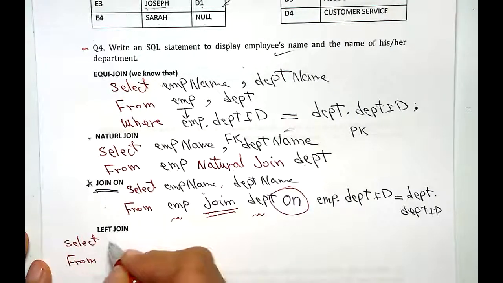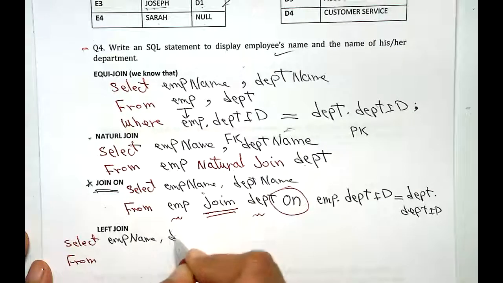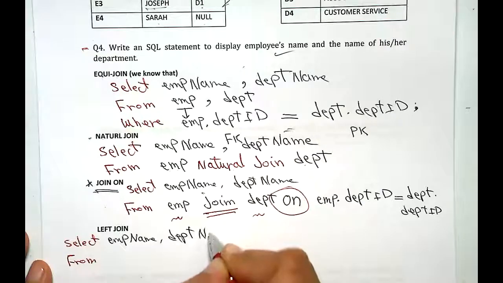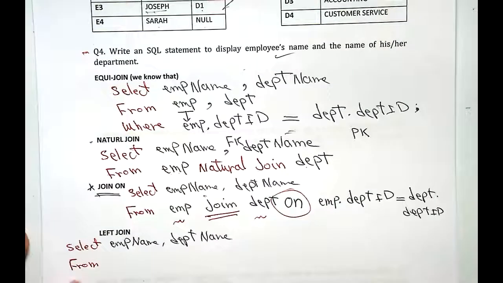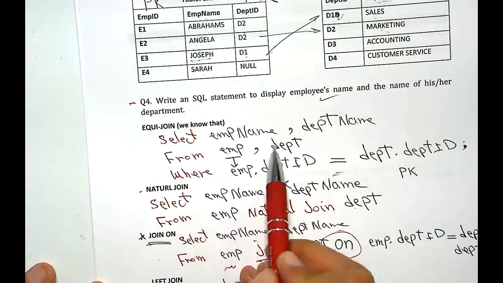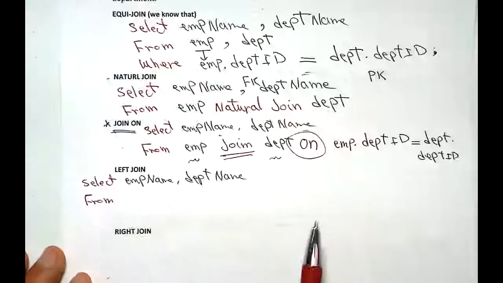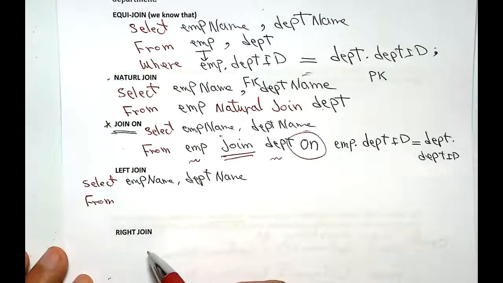So I'm going to select emp name and dept name. From, the first table will be the left table. So the order of joining here is important. Okay? So in the other three ways, the order of joining doesn't matter. So I put emp before department or department and emp, the order doesn't matter. But in left and right join, the order is important.